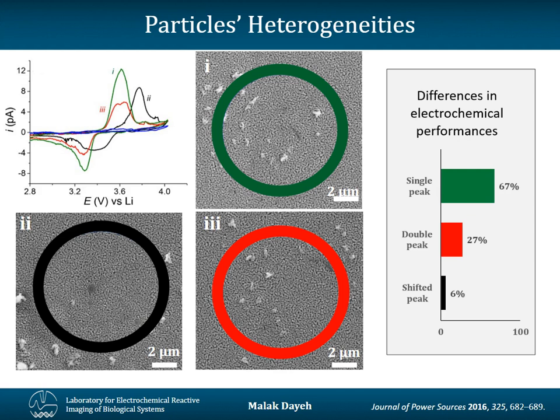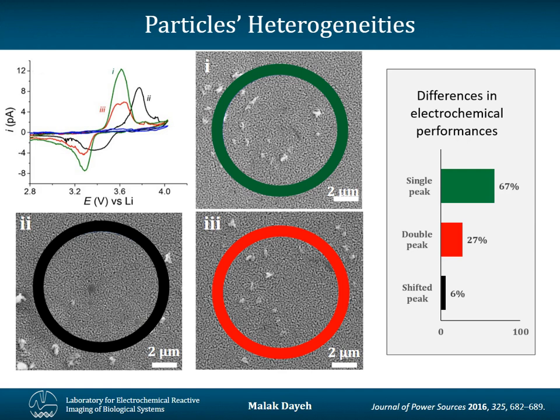In this case, one thing that we were able to provide in terms of information is how for a certain battery LFP batch, 67% of the battery particles that we had measured had an ideal electrochemical behavior. 27% and 6% had an altered electrochemical behavior, which basically meant that not all battery particles in this batch were created equally.